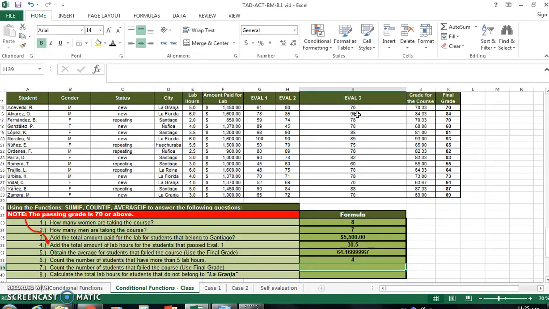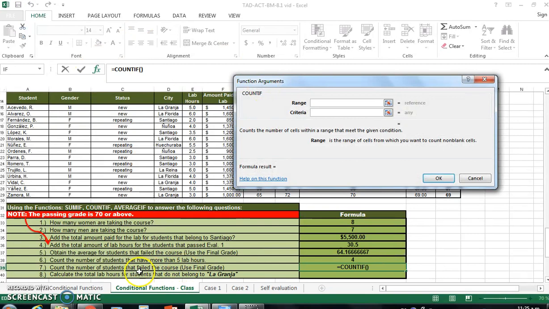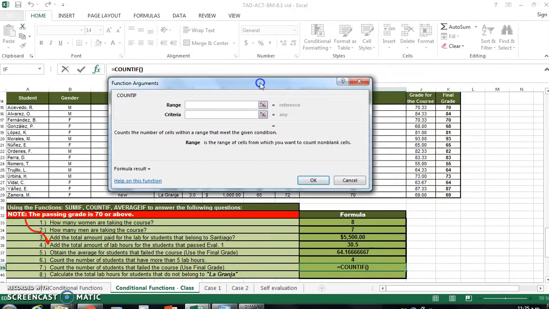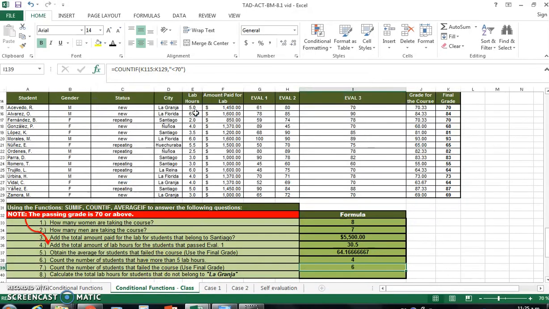The next one, count the number of students, so it's again COUNTIF, because it's not for everybody, we have VIPs. And who are the VIPs? It's the students who failed the course using the final grades. So again, the cells for the VIPs are the final grade. And of this one, we want to know how many failed, so less than 70. 6 kids failed the class.